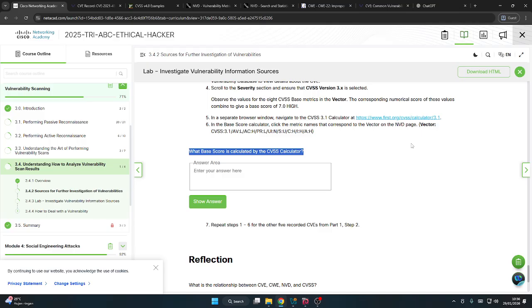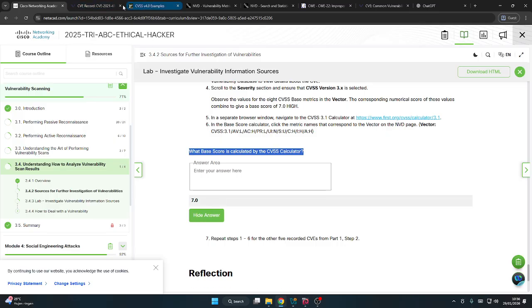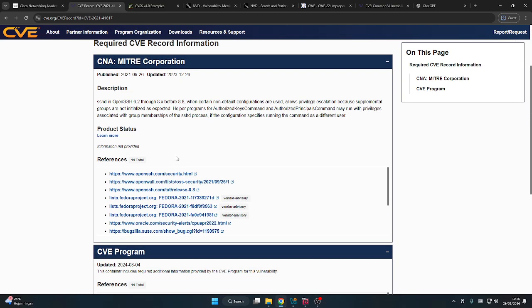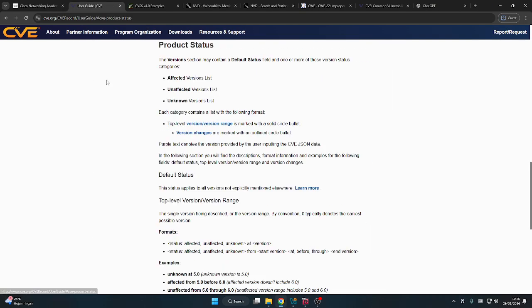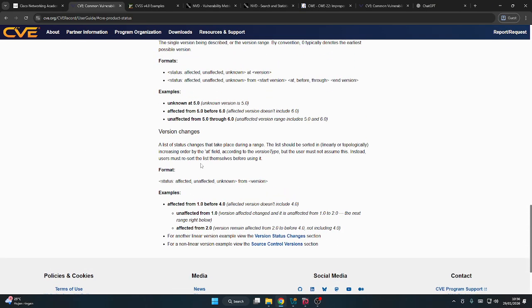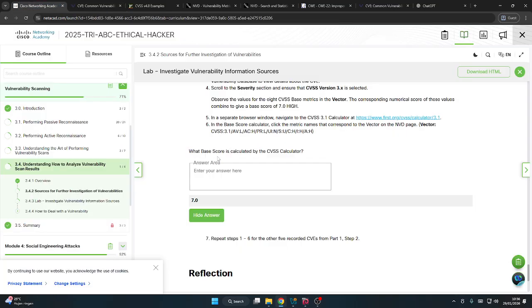The base score calculated by the CVSS calculator is of course 7 because it's high. You can see here, before it was 6, but it is 7, and then the base score is calculated by the CVSS calculator. This is a base score.